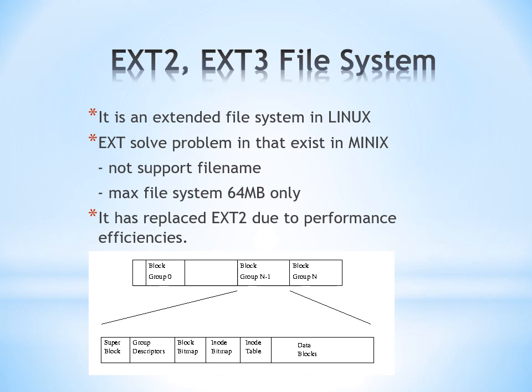Before the extended file system, Linux used the Minix file system, which could not support long file names, and the maximum file system size was only 64 megabytes. So ext has been improved, replaced with ext2, due to performance and efficiency.